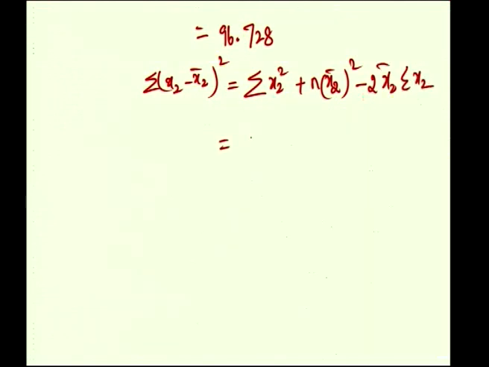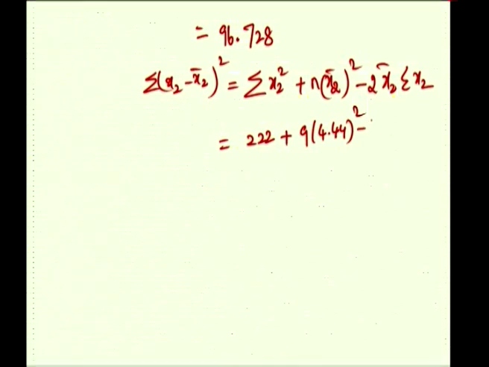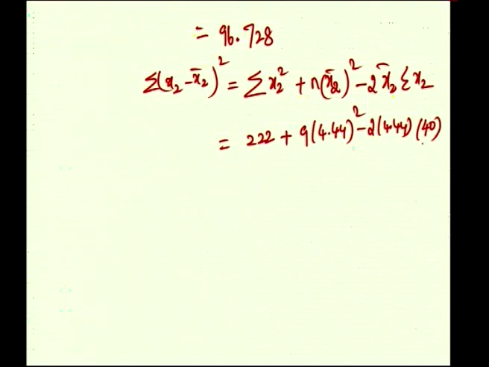Now, substituting all the values: 222 plus 9 into 4.44 square minus 2 into 4.44 into 40. This value comes to be equal to 44.224. Now, substitute all these values in S.